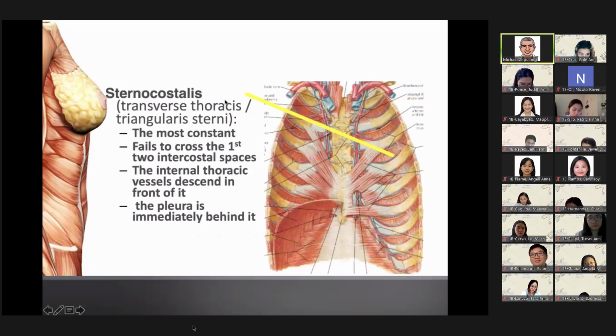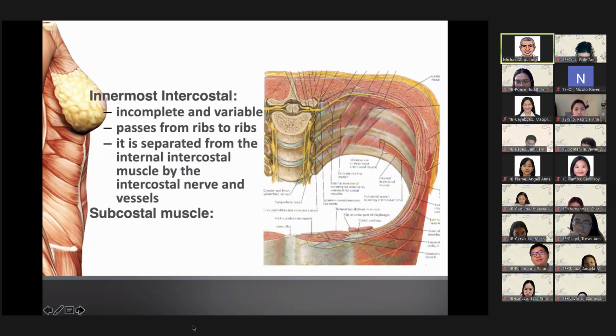Here, so this is your sternocostalis. And as I've said, this is an area which is most constant. And the pleura is immediately behind it. Okay, your subcostal.